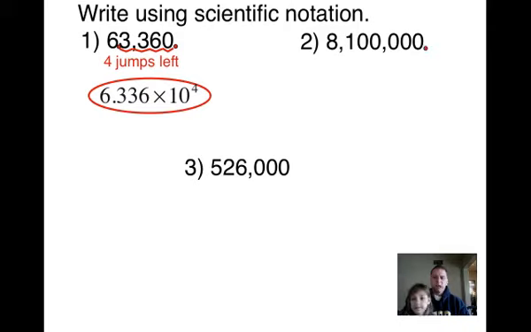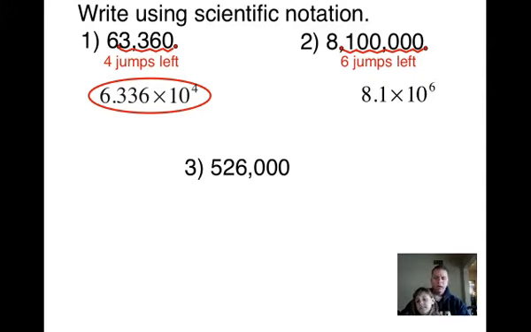So we count 1, 2, 3, 4, 5, 6. So that's 6 jumps to the left. Is that going to be a positive or a negative if we go to the left? Negative? Nope, positive. Okay. So we got 8.1 times 10 to the 6th power.